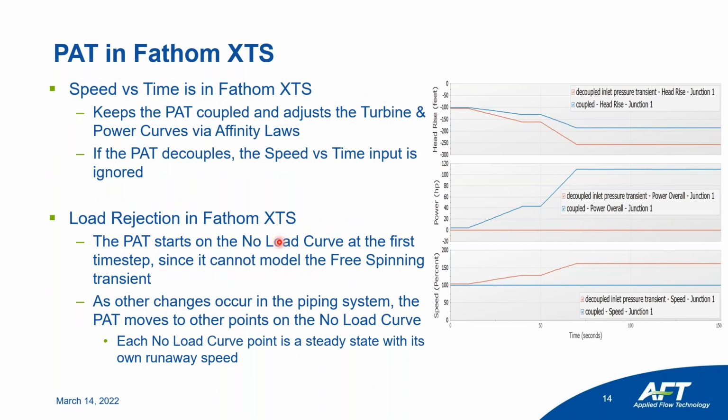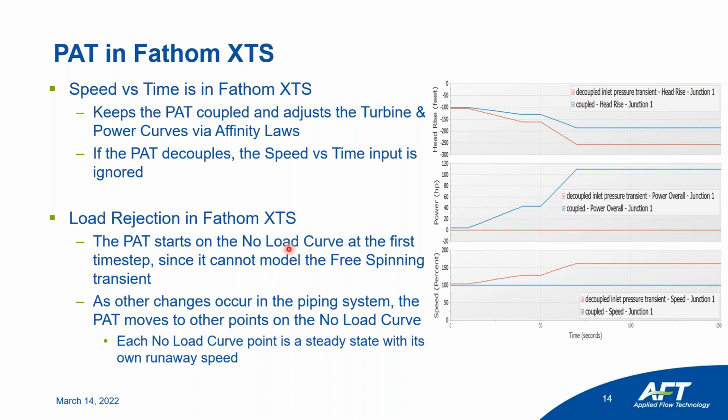So just like in Impulse, Fathom XTS has the speed versus time option. And just like in Impulse, if you hit the 0 power point during your speed versus time transient, the speed versus time transient will be ignored past that point. And Fathom XTS also offers load rejection. In this case, it load rejects at the first time step.